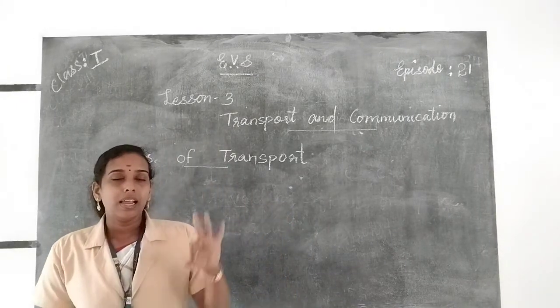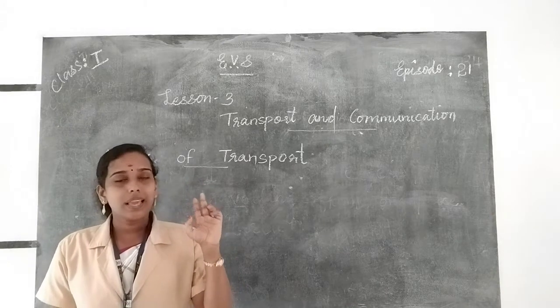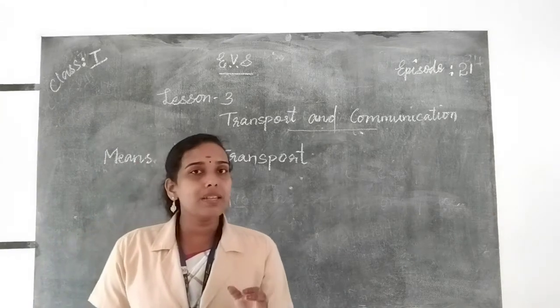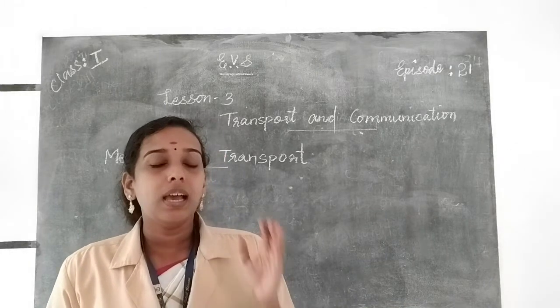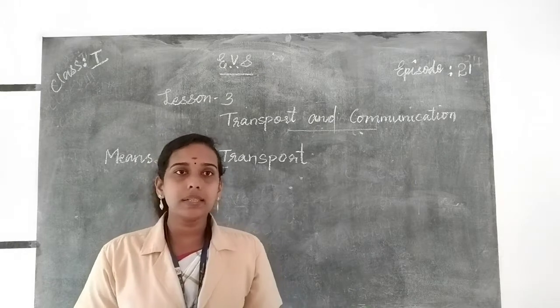And they are land transport, water transport and air transport. So which are the three main means of transport? Land transport, water transport and air transport.